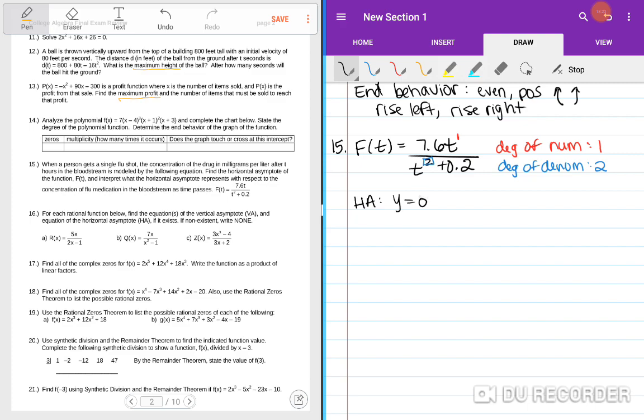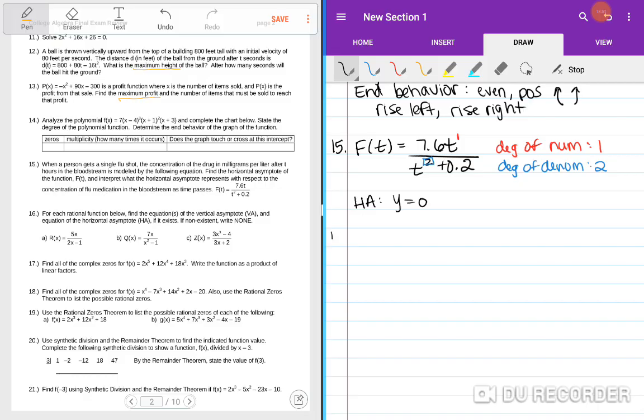At a certain point, your body does eventually break down any kind of medications that are put into your body, and so it will approach 0. So that's, in words, what that means: as t approaches infinity, so as time goes on, the concentration of the drug is approaching 0 in your bloodstream.